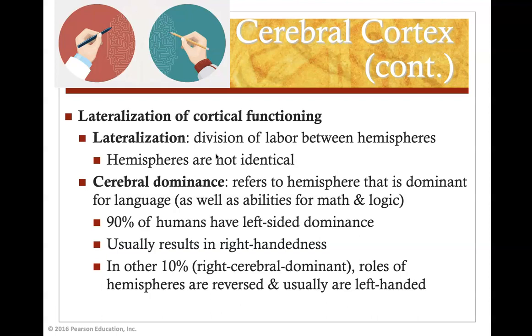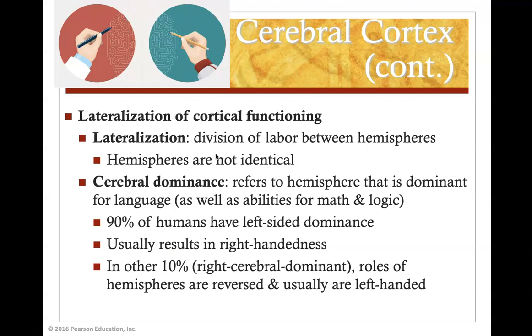And so when we talk about cerebral dominance, although one hemisphere or the other kind of dominates a lot of our tasks, the term cerebral dominance is really talking about language. What hemisphere is dominant for language? That's what we consider to be your dominant hemisphere.